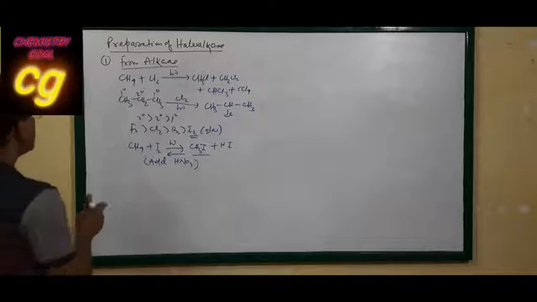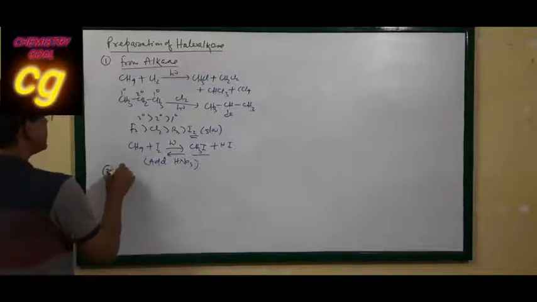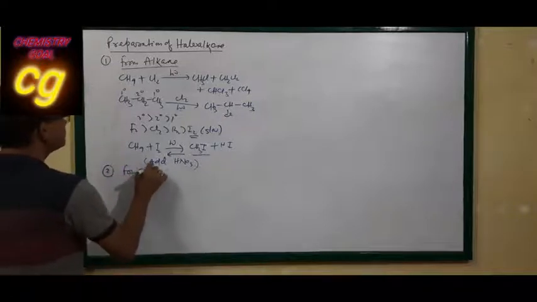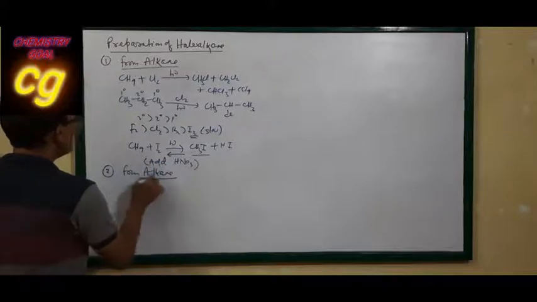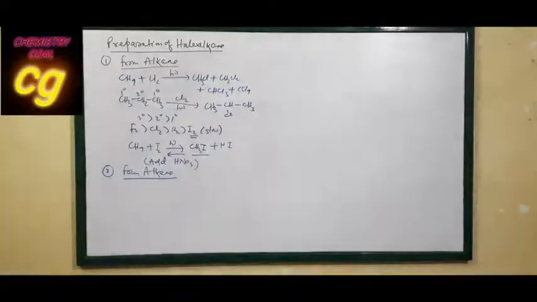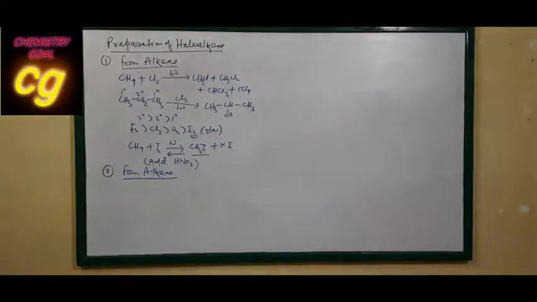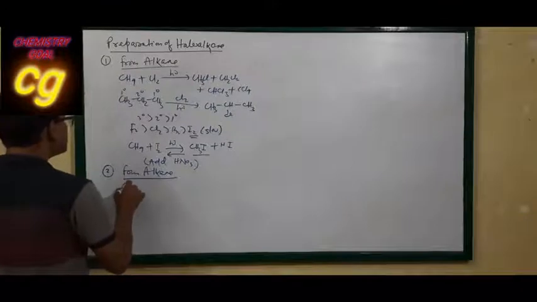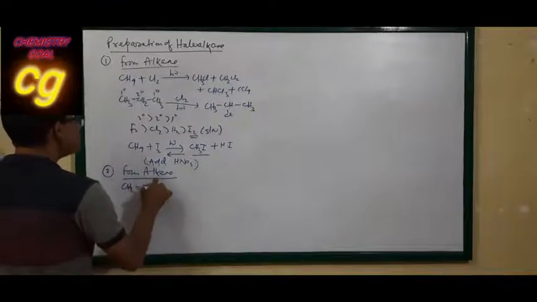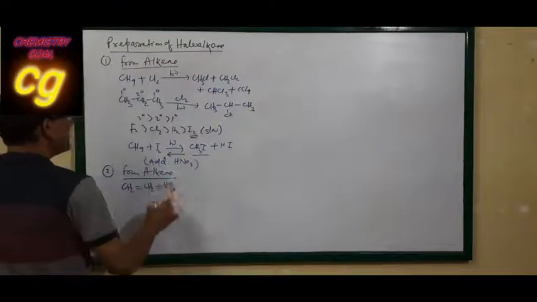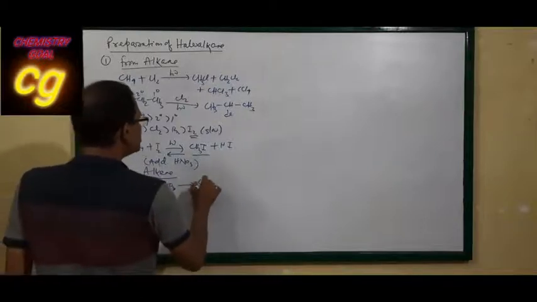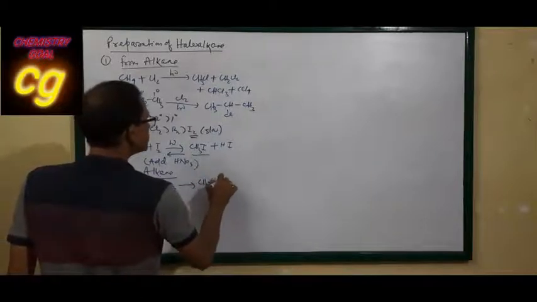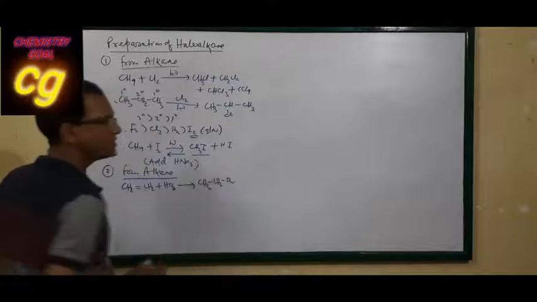Then how can we prepare haloalkane from alkene? It depends upon the nature of the alkene, and mainly the reaction is an addition reaction. For example, if you take CH2=CH2 with HBr, the product will be CH3CH2Br. This is an addition reaction, as you already know.